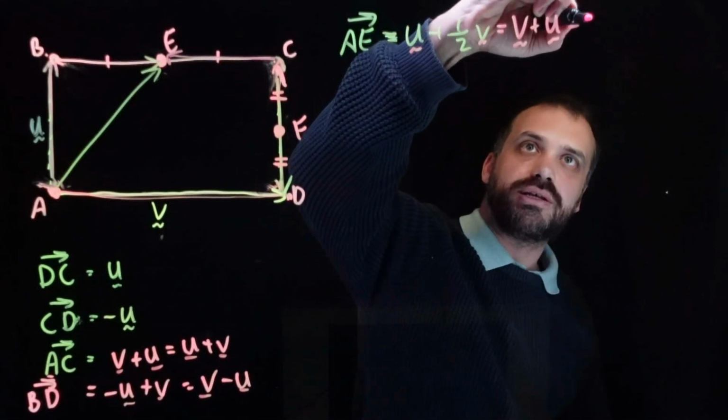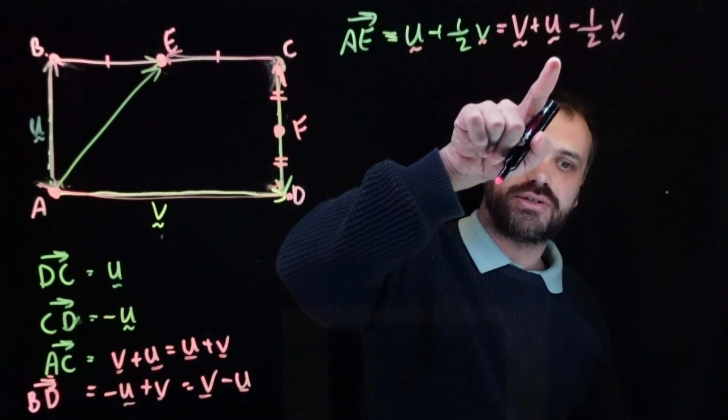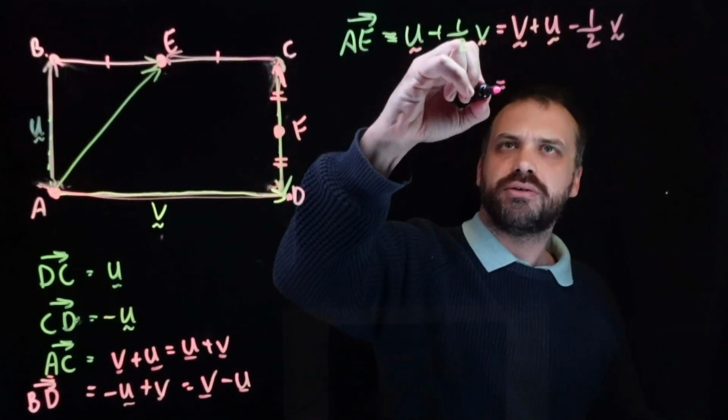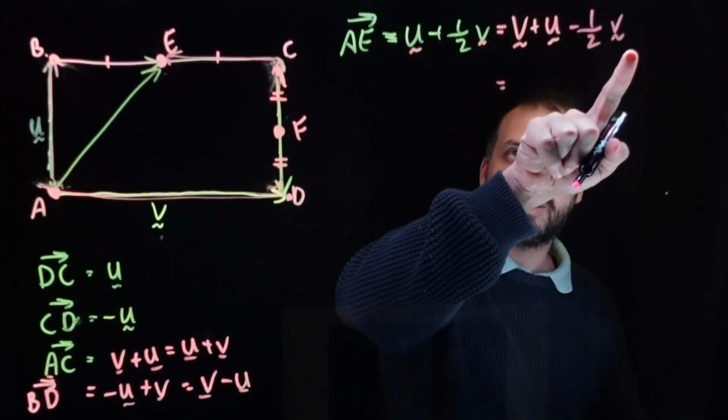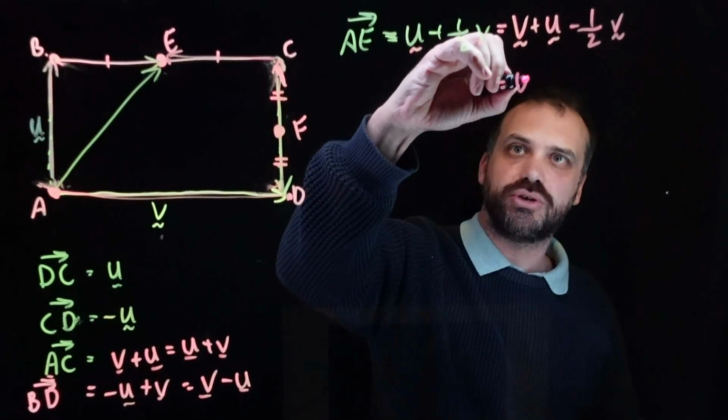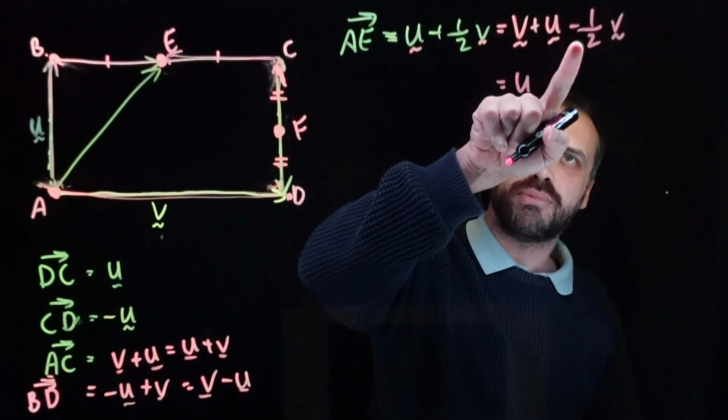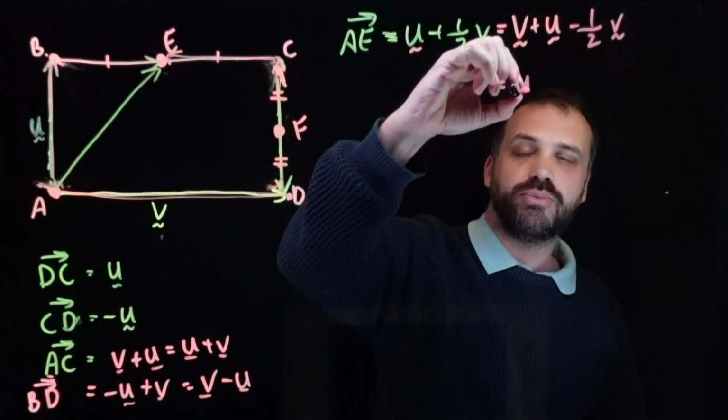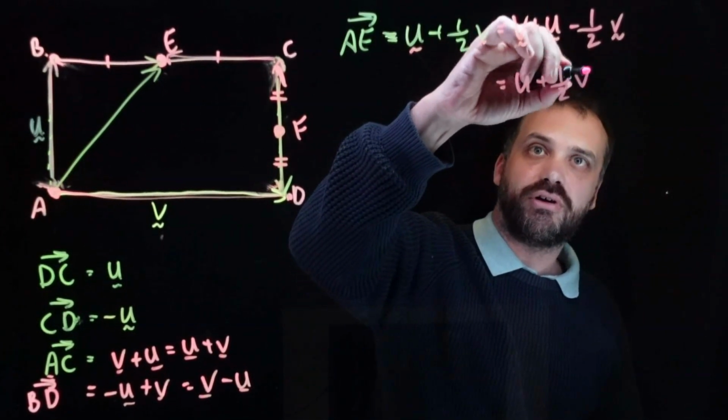So minus half v, because that's negative v, right? What's v plus u minus half of v? Well, the u is just u. 1v minus half of a v would be half of a v.